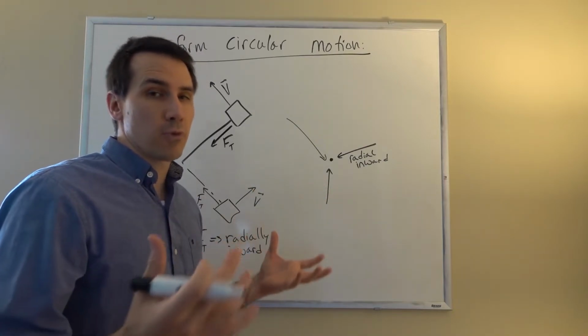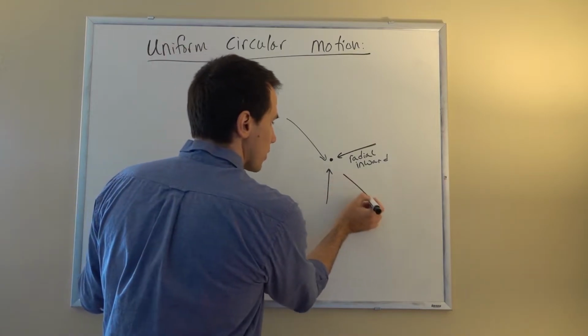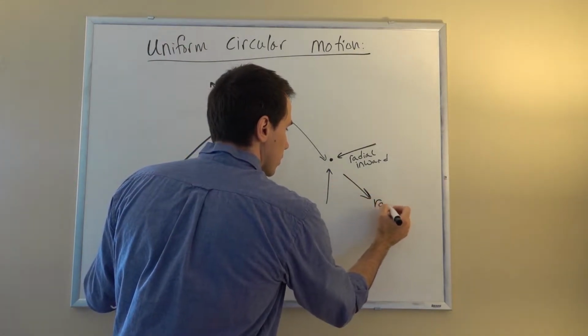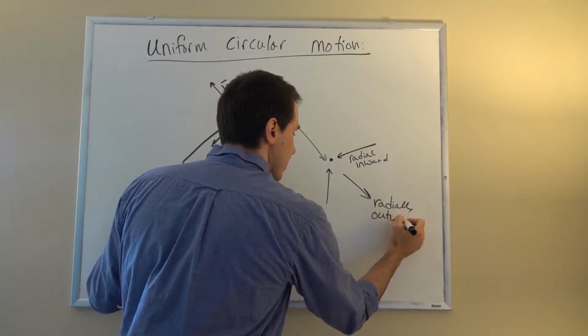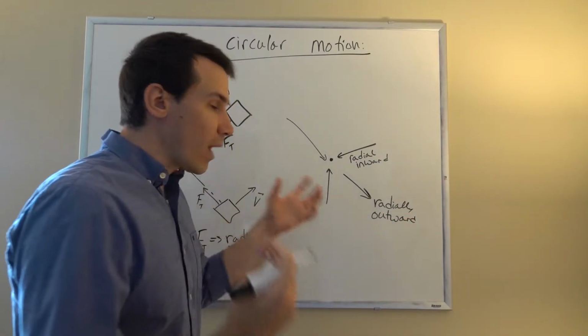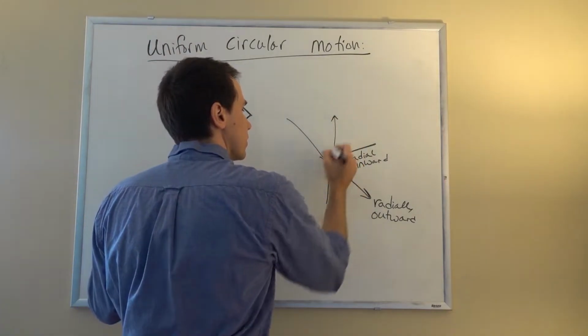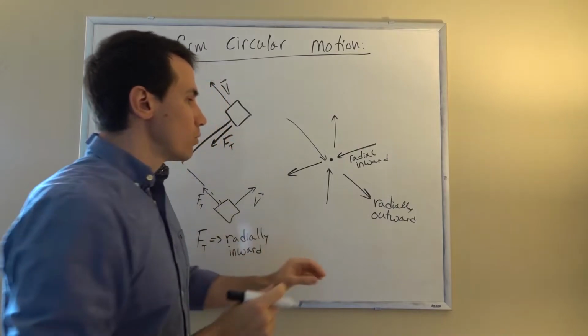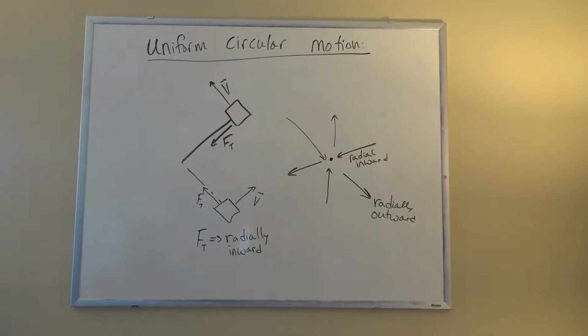Likewise, we could have forces, not in this picture, which are radially outward. That is, they point away from the center of the circle. So all of these other arrows that I'm drawing here would be radially outward lines.